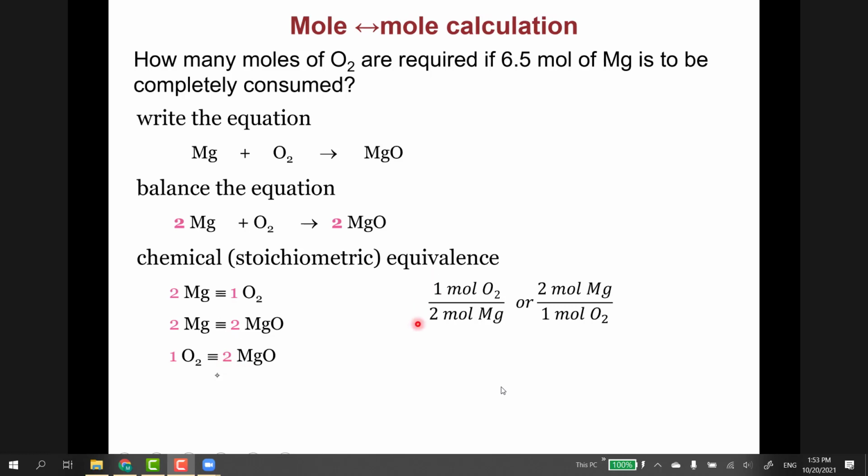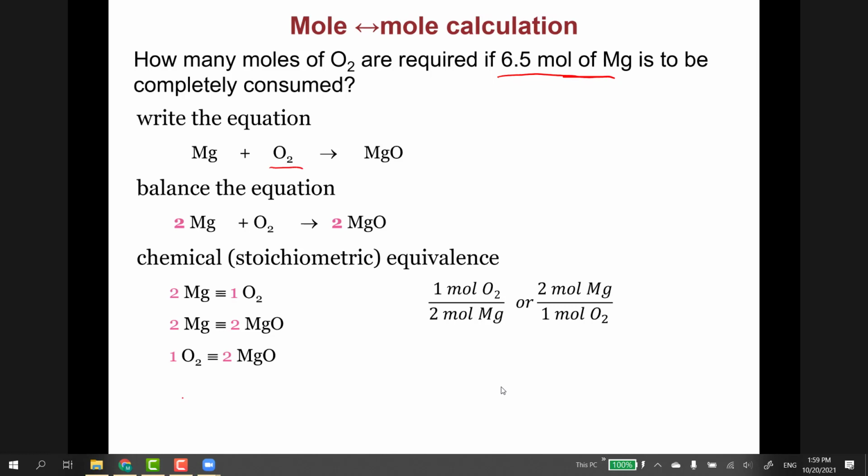These chemical equivalent ratios can be used as conversion factors to interconvert between the number of moles of each species and the others. So to answer this question, we have moles of magnesium and we want to find out the equivalent moles of oxygen that would react with it.